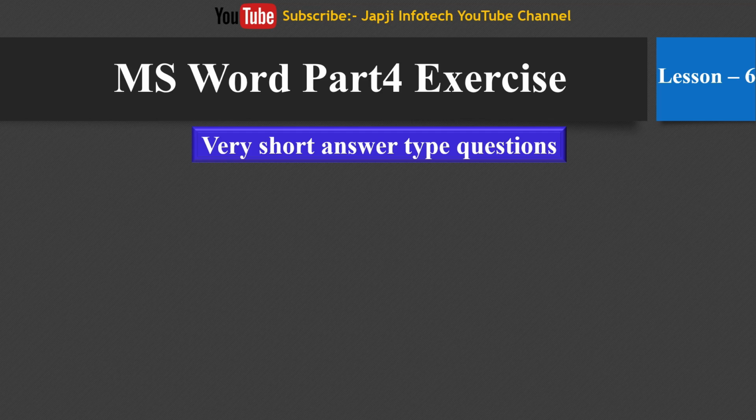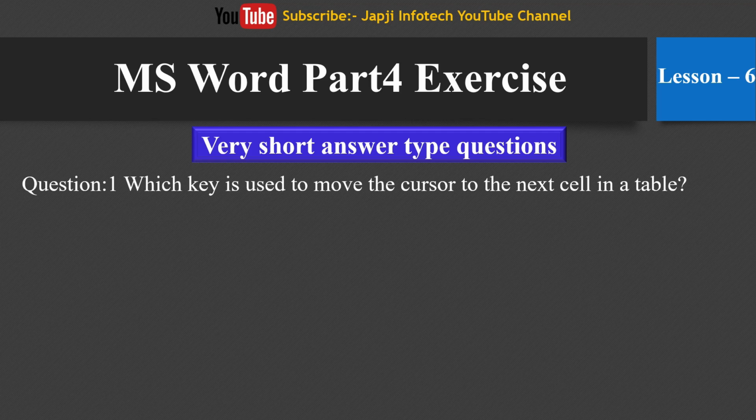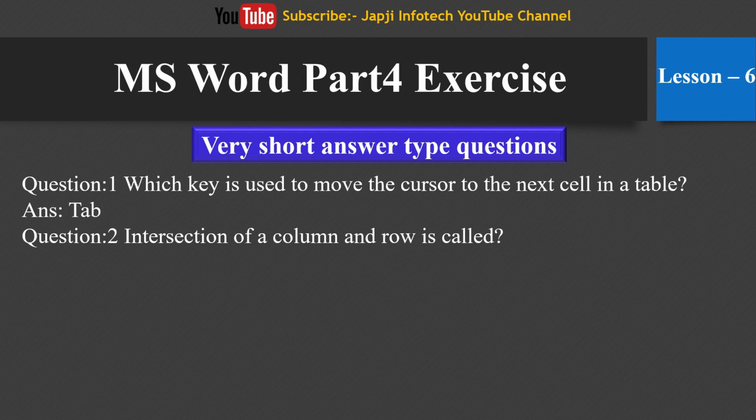So now we will learn about very short answer type questions. The first question is, which key is used to move the cursor to the next cell in a table? The right answer is: Tab key is used to move the cursor to the next cell in a table. Second one is: the intersection of a column and row is called a cell.